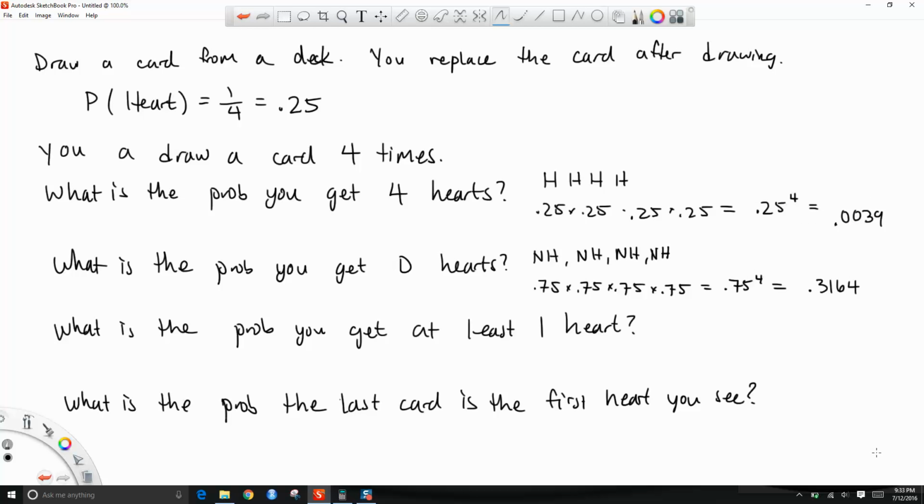I was walking around, I think most of you got this. So getting at least 1 heart is going to be 1 minus the probability of 0 hearts. We said getting at least 1 is the complement of getting none. So 1 minus 0.3164 gives us 0.6836.